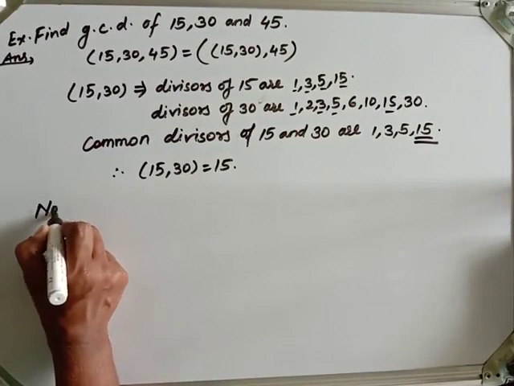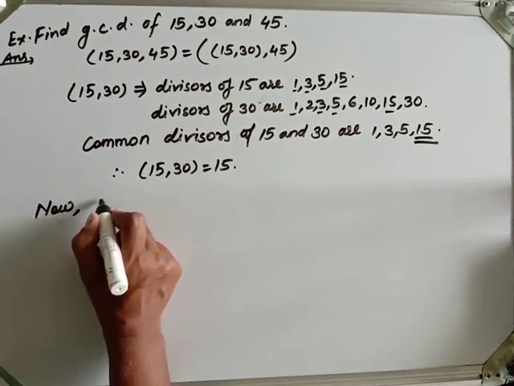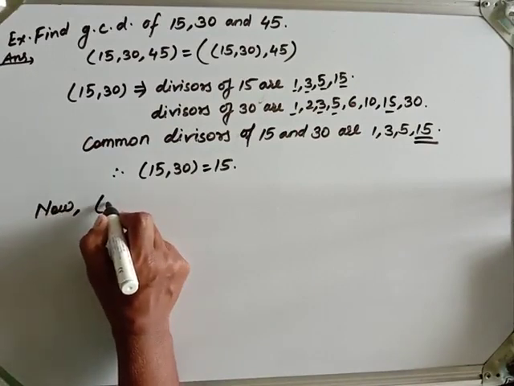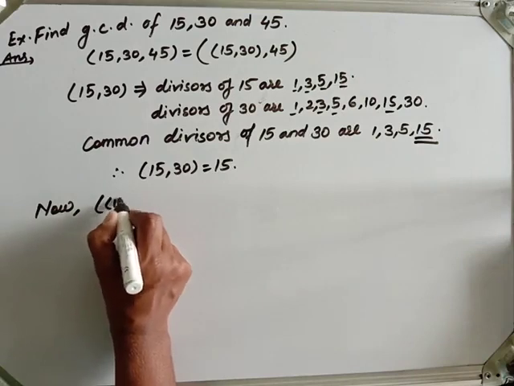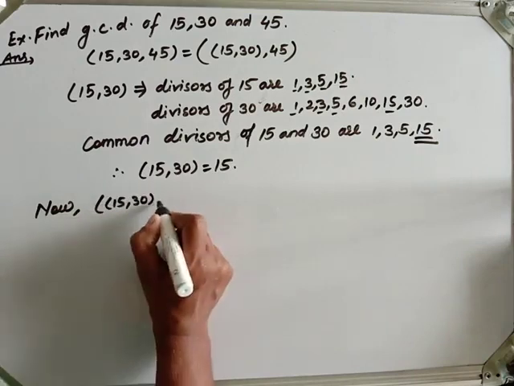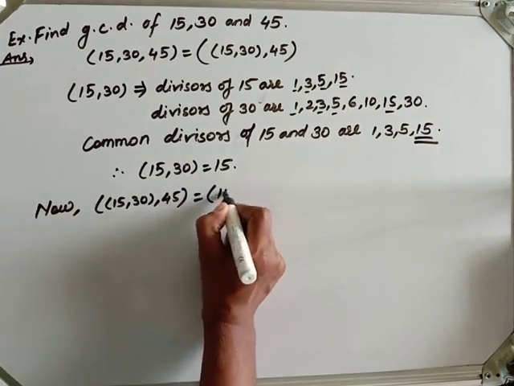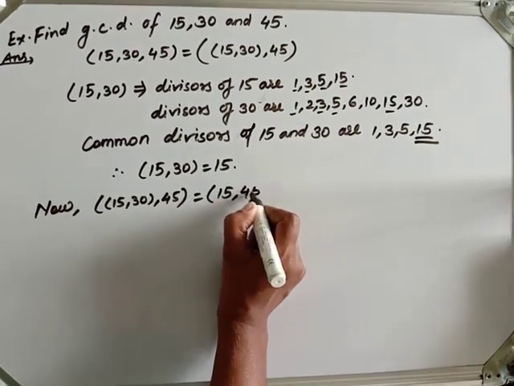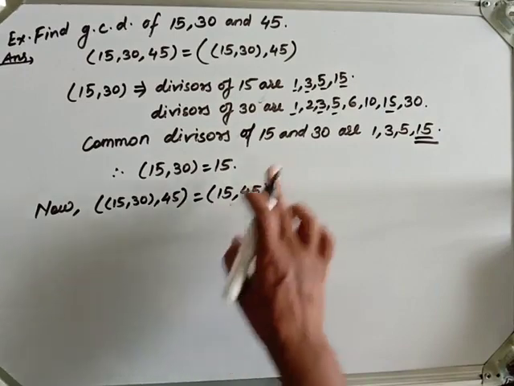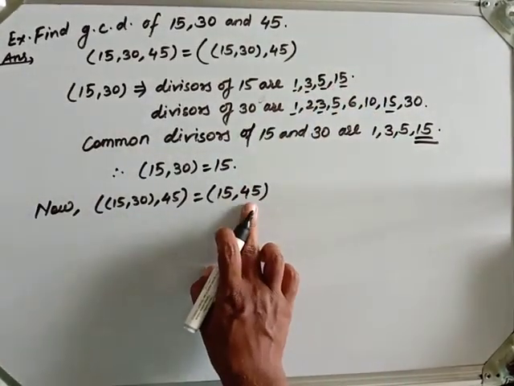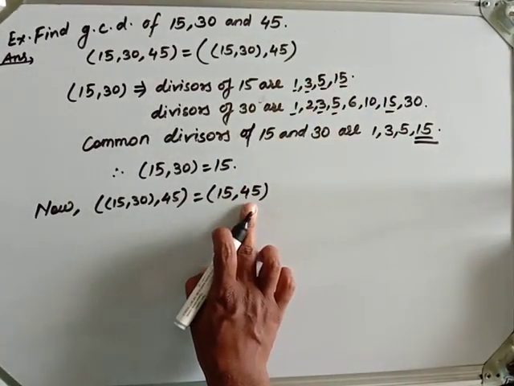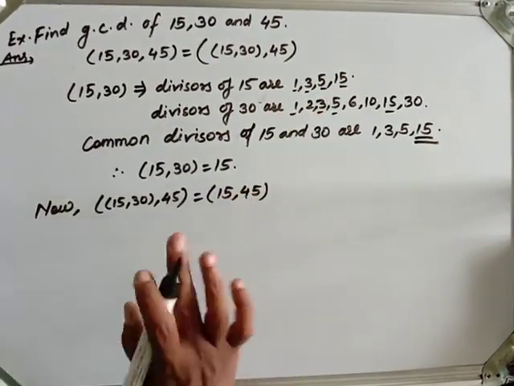The GCD of 15 and 30 with 45 is the same as the GCD of 15 and 45. We already have the divisors of 15. The divisors of 45 we have to determine so that we can conclude.